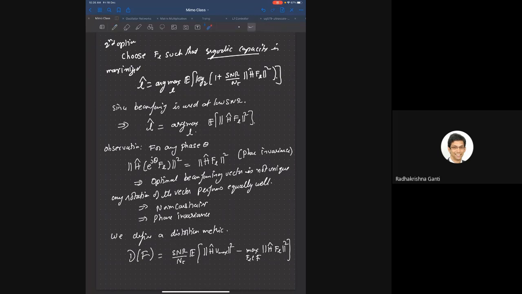What they're doing here is saying that if you just send Vmax, you will get this capacity. Because you are sending from the code book, this is the best you can do.